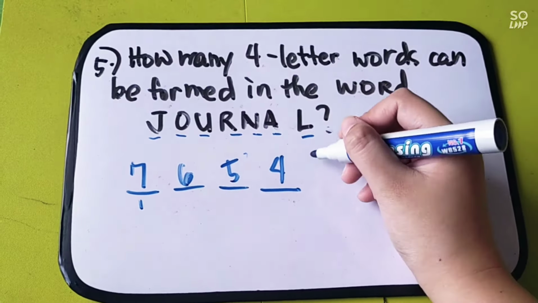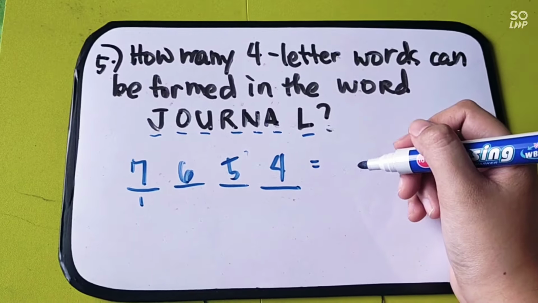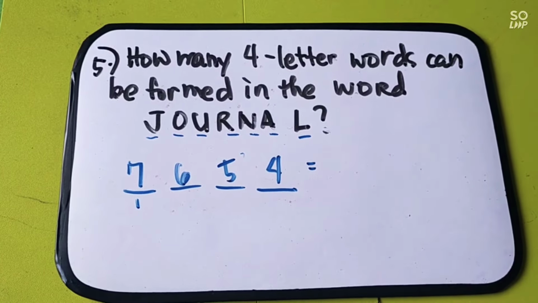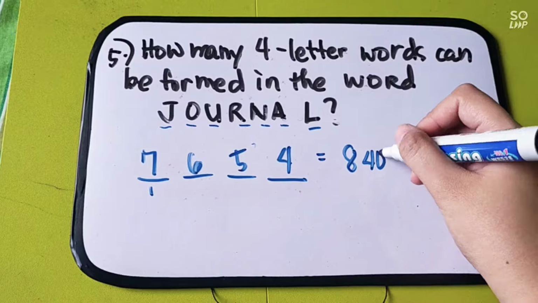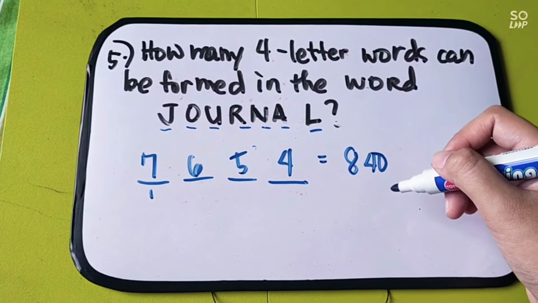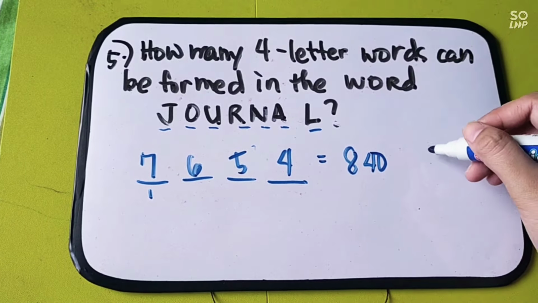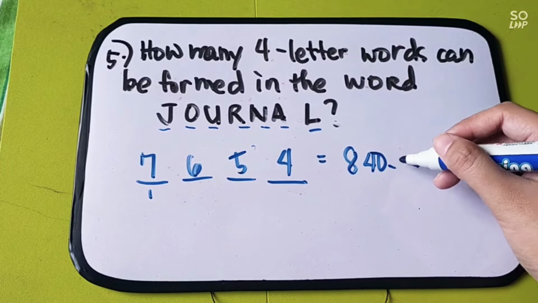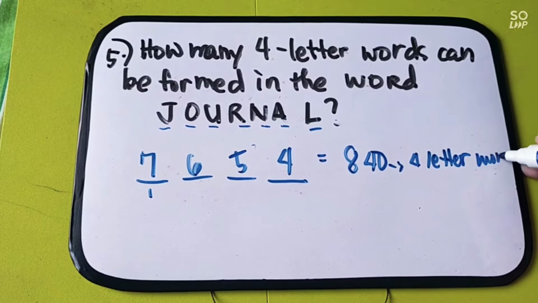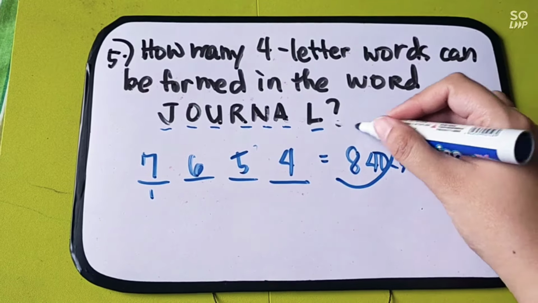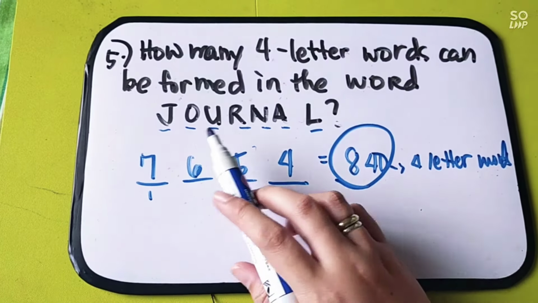Then, just multiply. 7 times 6 times 5 times 4. The answer here is 840. 4-letter words. So, yan yung mabubuo mo sa word journal.